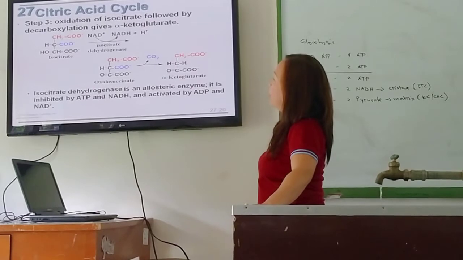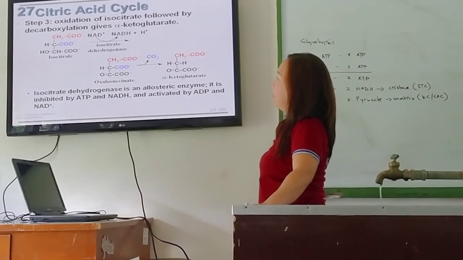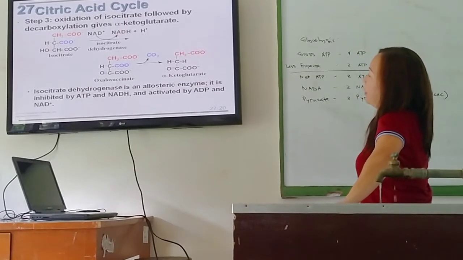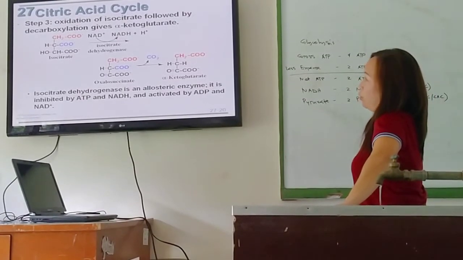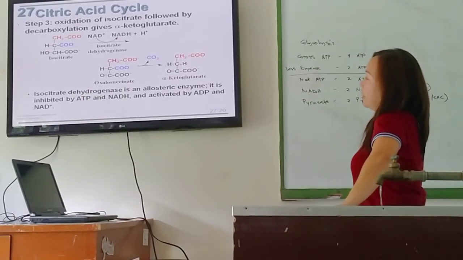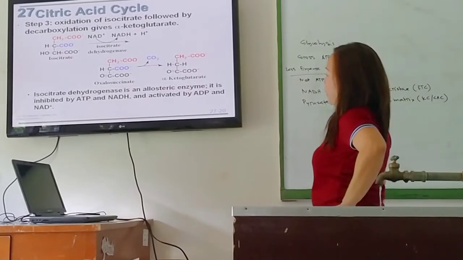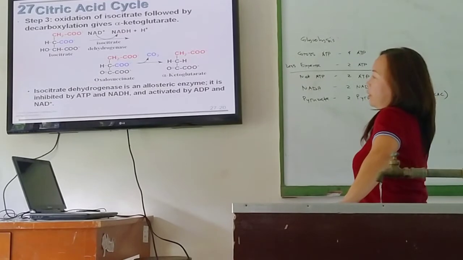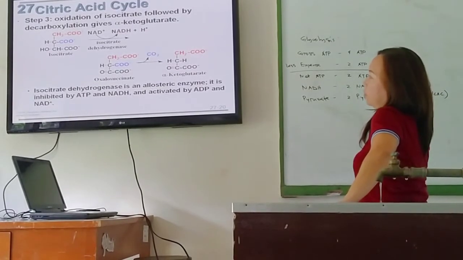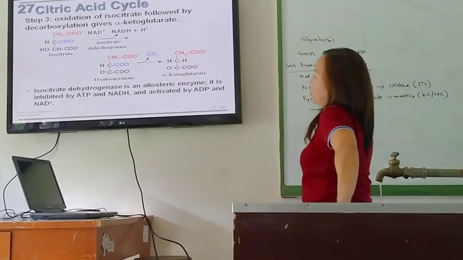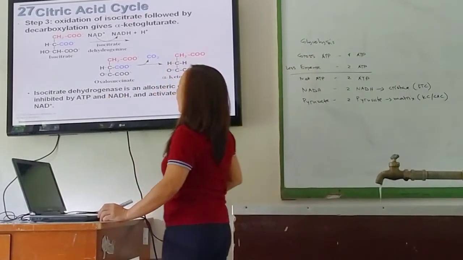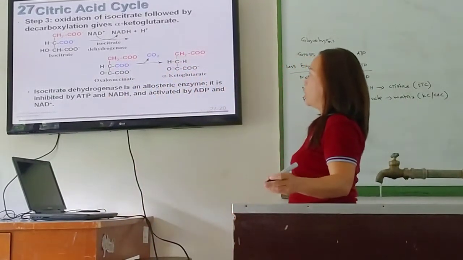Then there is what we call oxidation again of isocitrate, followed by decarboxylation. There is again removal of carbon dioxide. So isocitrate is converted into alpha-ketoglutarate. This is catalyzed by isocitrate dehydrogenase.